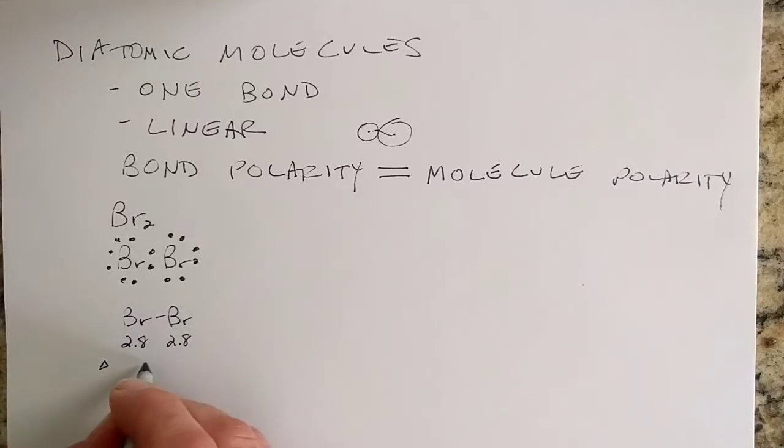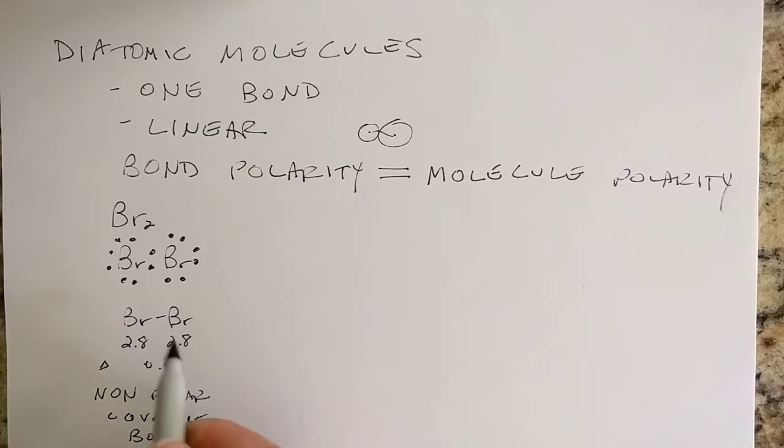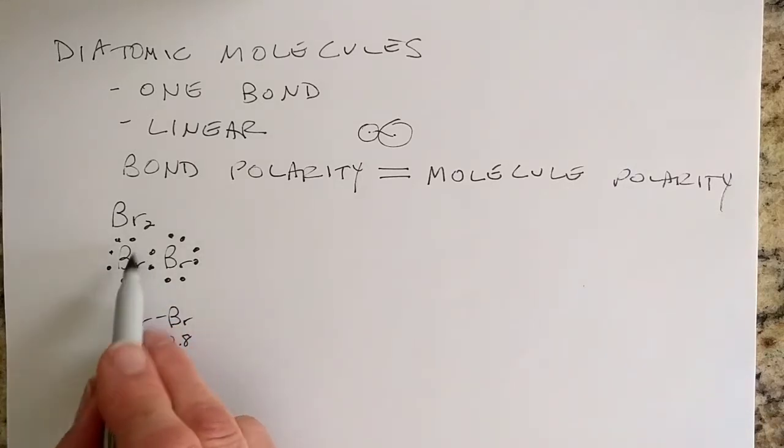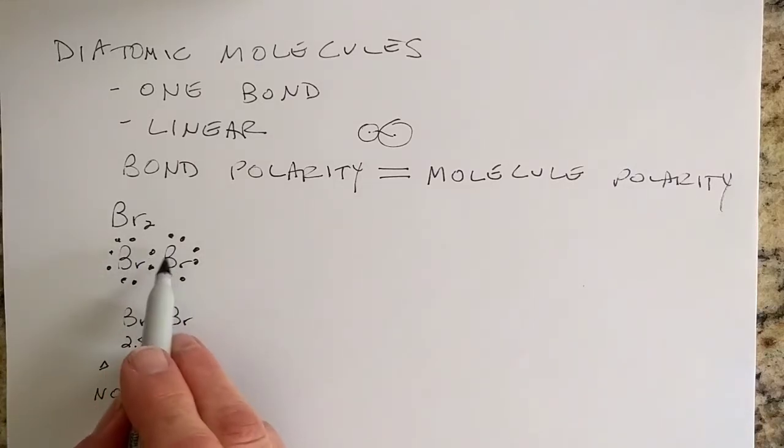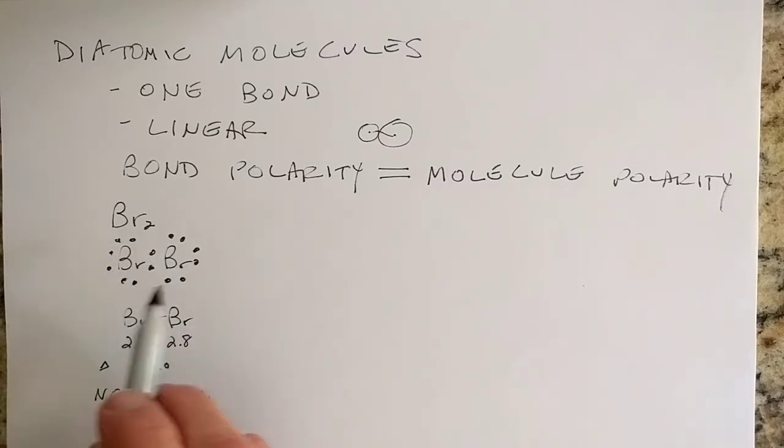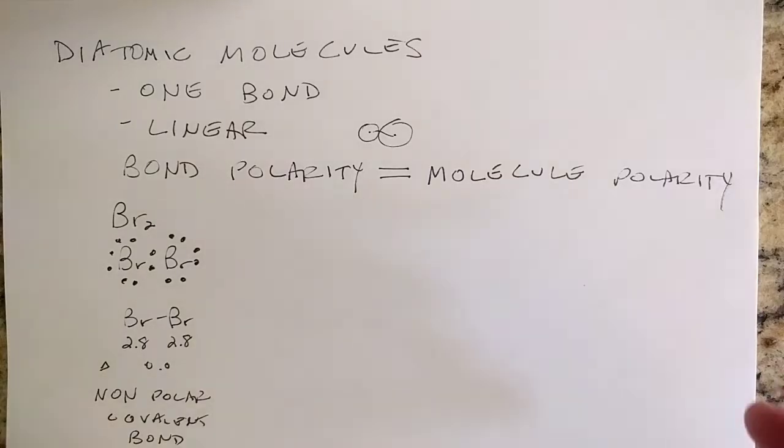So our delta, of course, is 0.0, meaning we have a non-polar covalent bond. So that means that the bromines are sharing these bonding electrons equally. Each bromine is pulling on them with the same amount of force, so it is equal sharing.